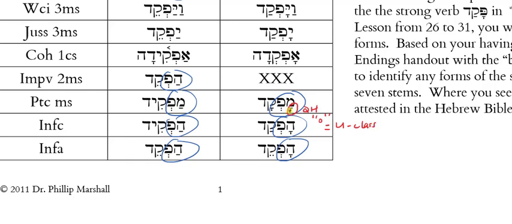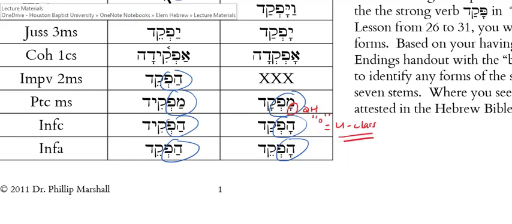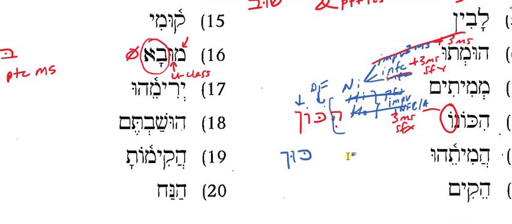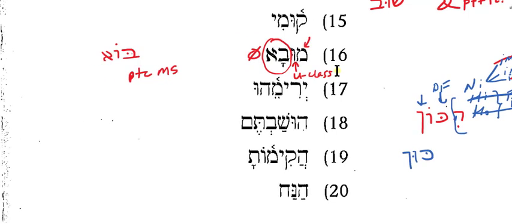So usually my mem gets a U class vowel for the hophal participle. Hiphil, I get an A class vowel. Okay? So why is it important to know vowel class? Because sometimes the vowel class will still be a U, but it won't be the same U class vowel, right? In our situation, we have a U class, but it's the shureq, right? But that still is telling me that the stem is hophal.